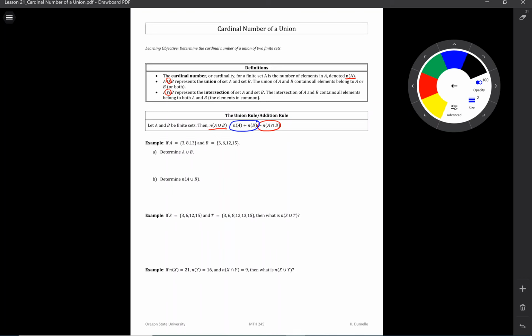Let's do some examples here. If A is the set {3, 8, 13} and B is the set {3, 6, 12, 15}, let's first determine A union B. A union B is everything in A and B. So I have A, which is 3, 8, 13, and then I have B. I don't count that 3 twice because I already counted it once, so I just have 6, 12, 15.